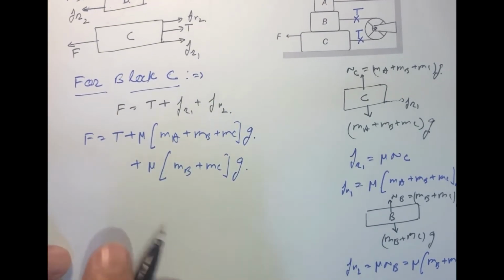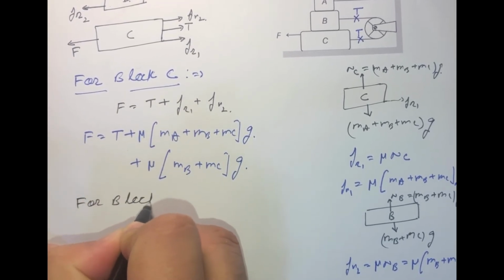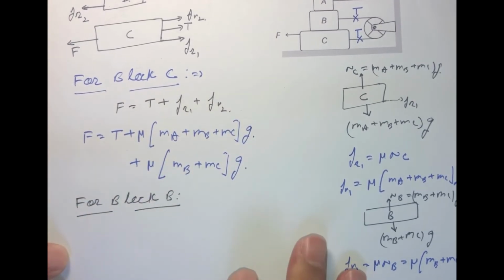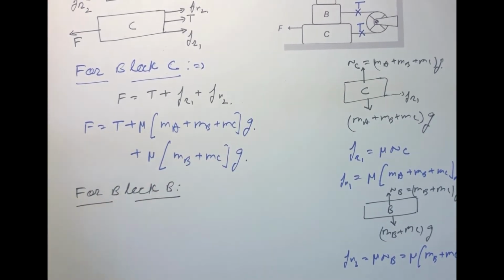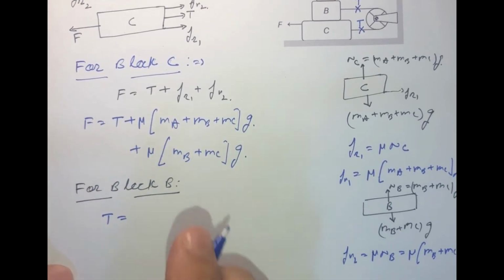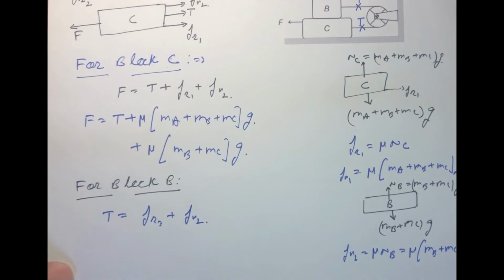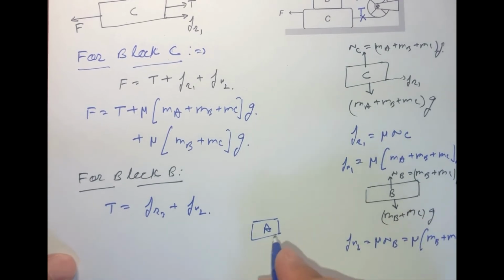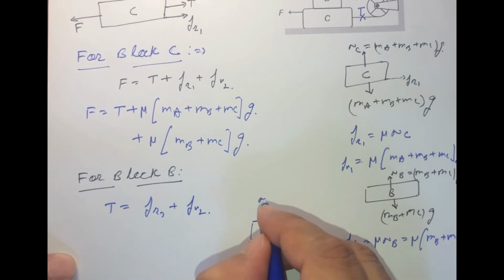Next is for block B. For block B, we have T is equal to FR3 plus FR2. Now we can find out our FR3. FR3 is because of block A. So this is our block A. In the downward direction it will be MA into g, and let us put the normal NA.